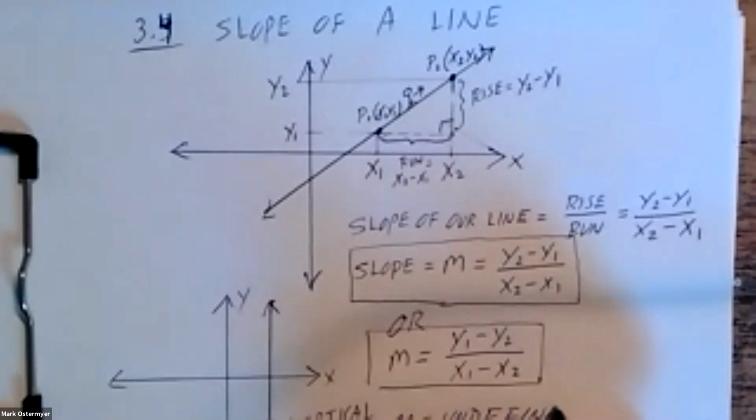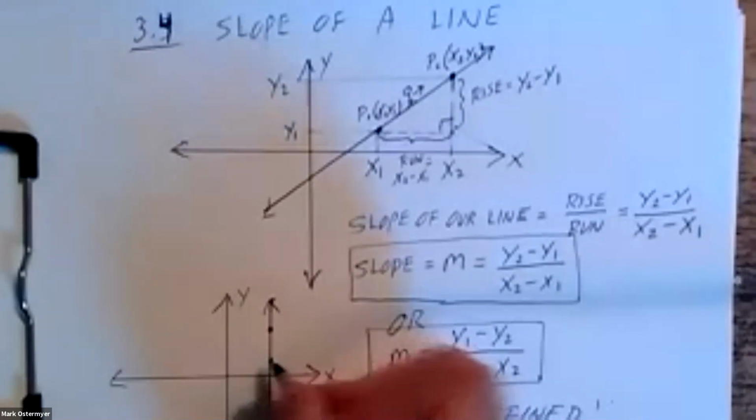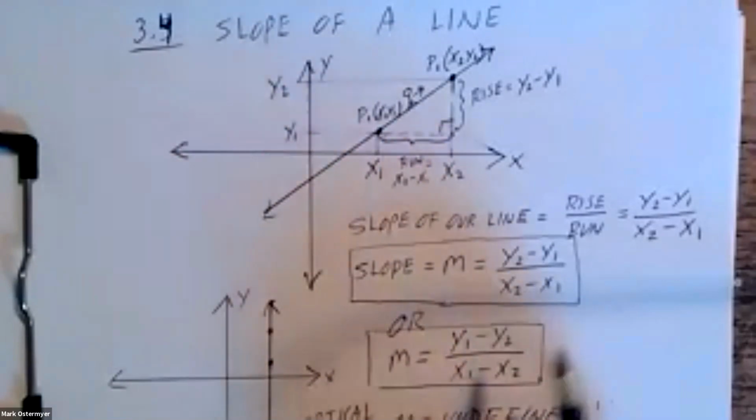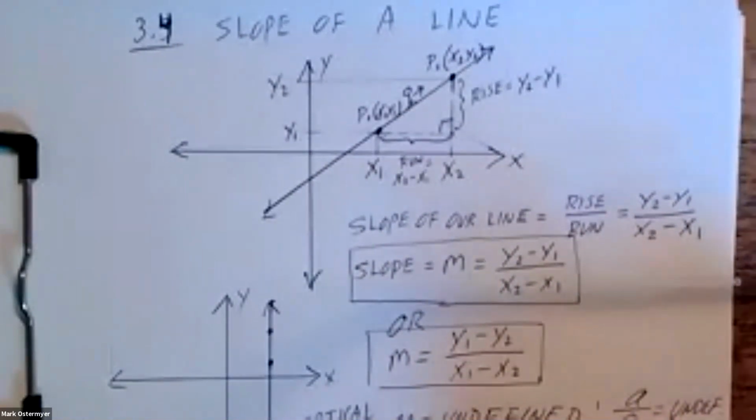The reason why a vertical line has an undefined slope is because for any two different points on the line, the x coordinates are the same, but the y coordinates are different. So if the x coordinates are the same, that means our slope ratio will have 0 in the denominator. And anything divided by 0 is what? Zero?